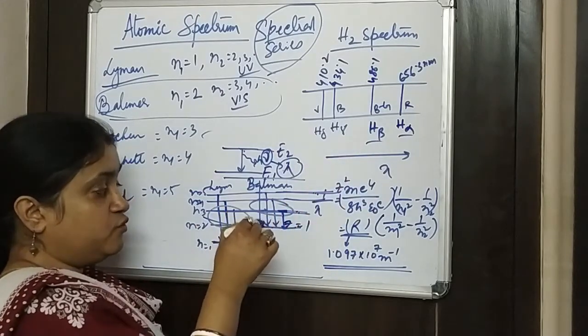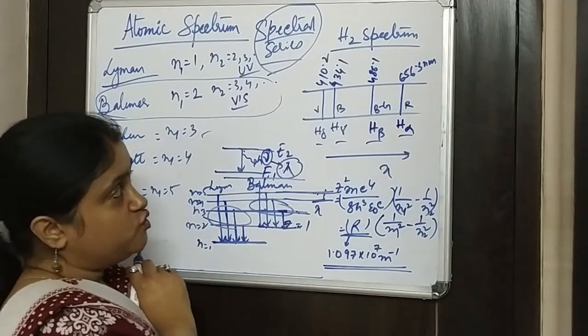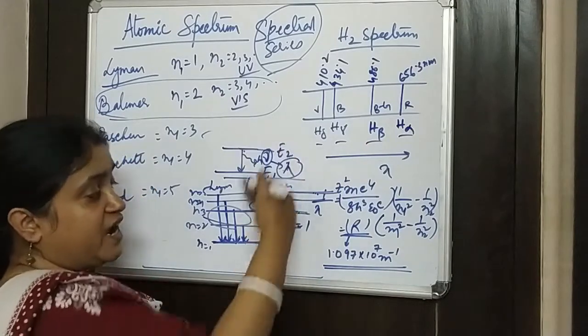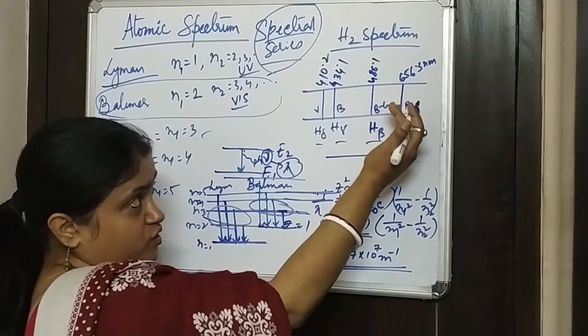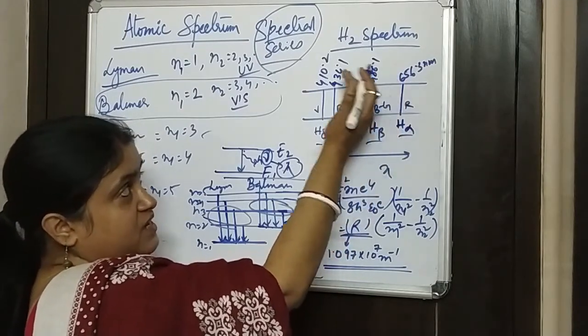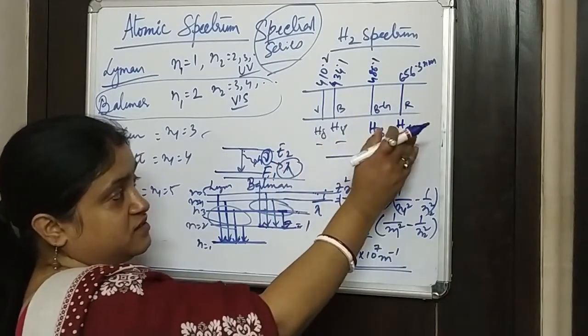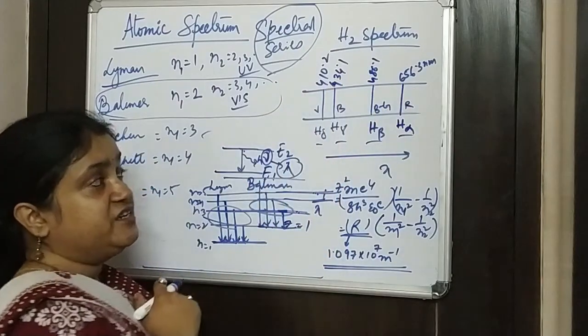From 5 to 2, we call it gamma, and higher, delta, and so on. So you see that as the electrons are jumping from higher levels, the wavelength is actually reducing.